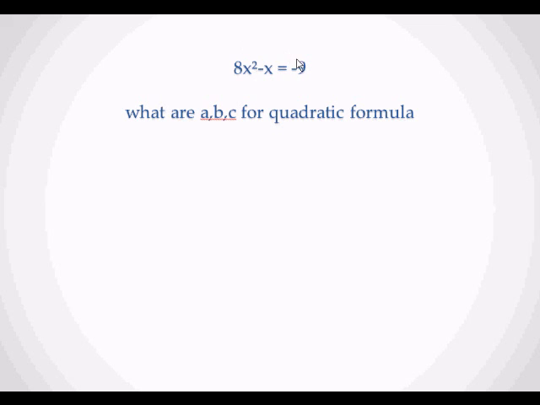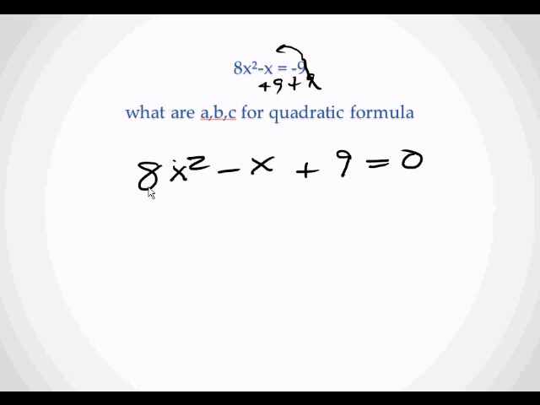What are A, B, and C for the quadratic formula? So for a quadratic formula, they don't want you to find the answer. They just want to know what A, B, and C is. And in order to do that, you got to get everything to one side. Add 9 to both sides. I'm left with, these cancel, 8x squared minus x plus 9 equals 0.